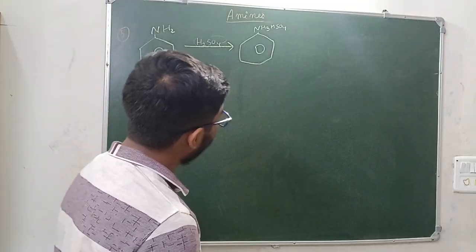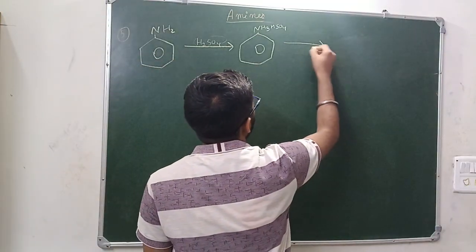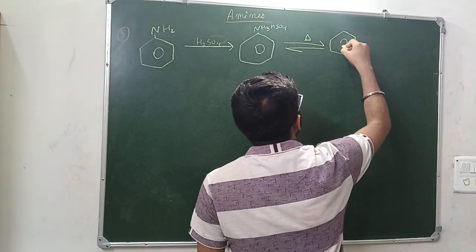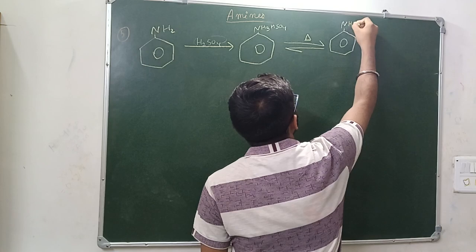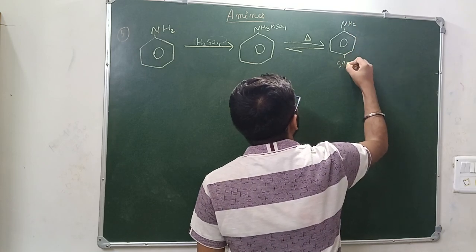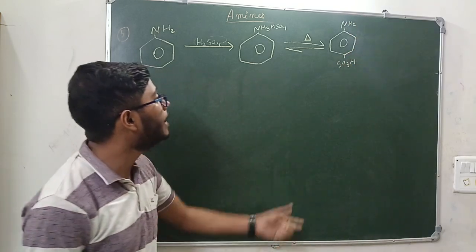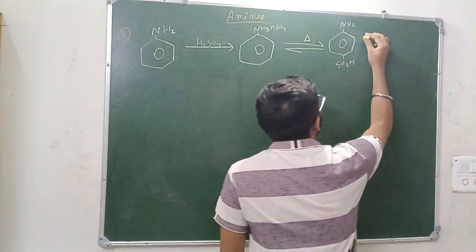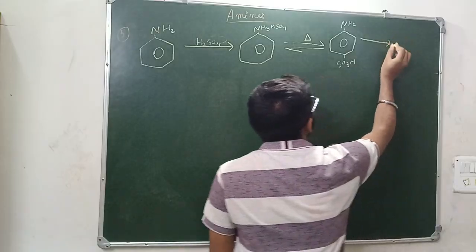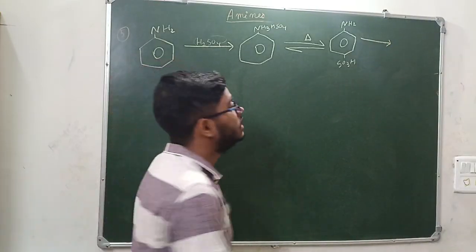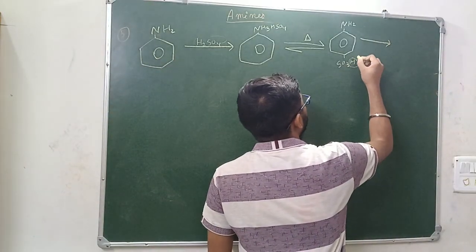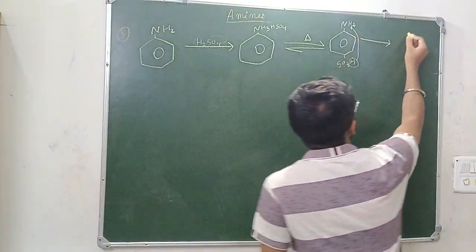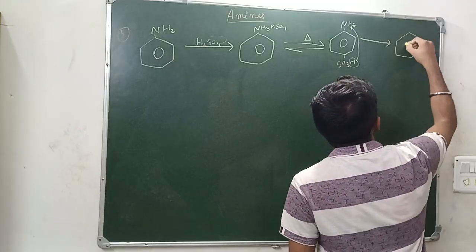Then you generally heat it, so the compound like this is made, NH2 and SO3H, having gone to the para position because the yield is more there. Now if you see here, a very interesting thing happens. This acidic H plus shifts to the NH2 group, and after rearranging, we get a very interesting compound which is known as zwitterion.